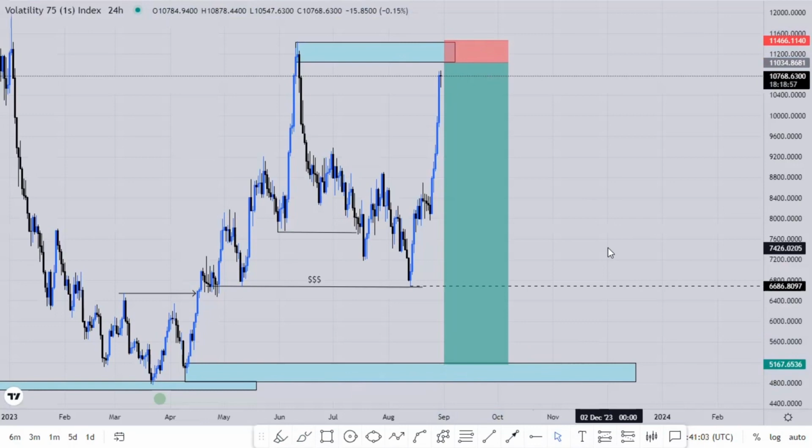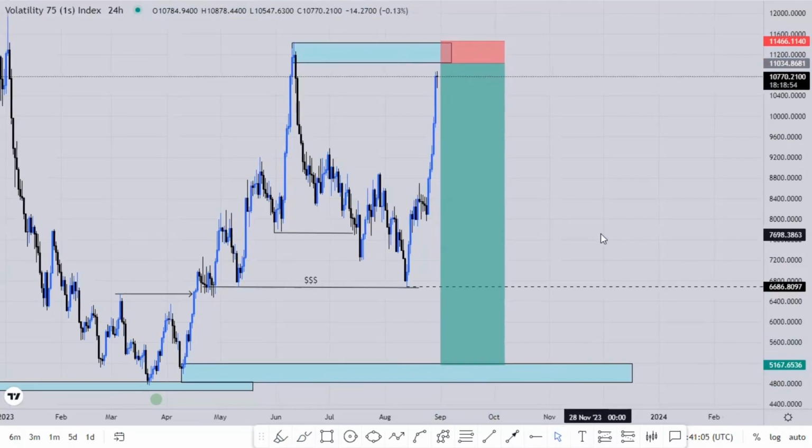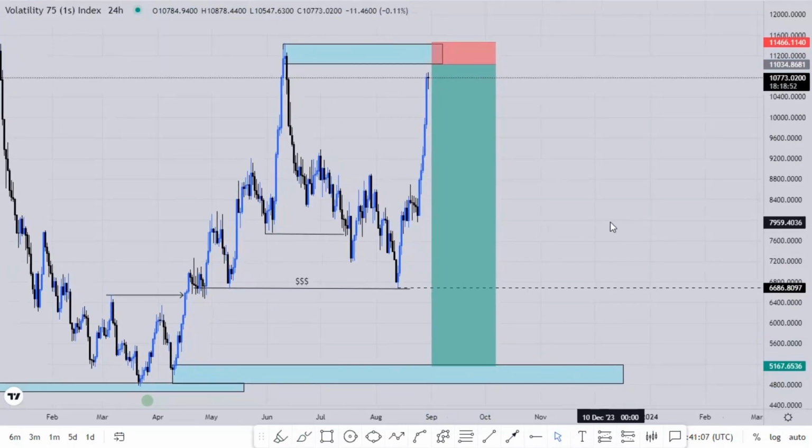Your ability to identify the pair that is currently giving you a high probability setup, and that high probability setup is coming from a swing level like that.